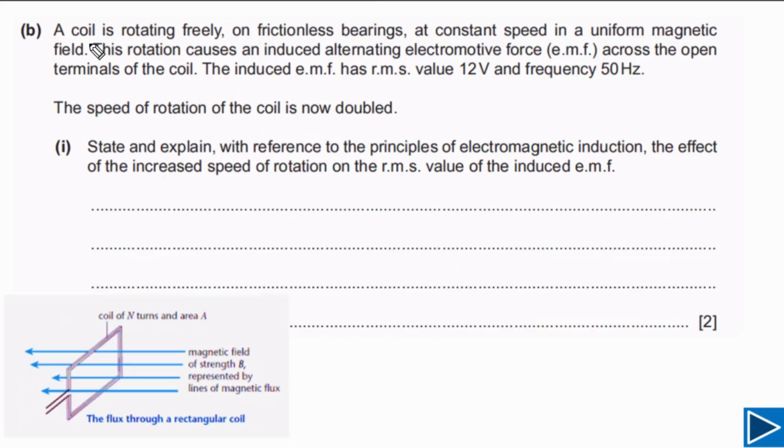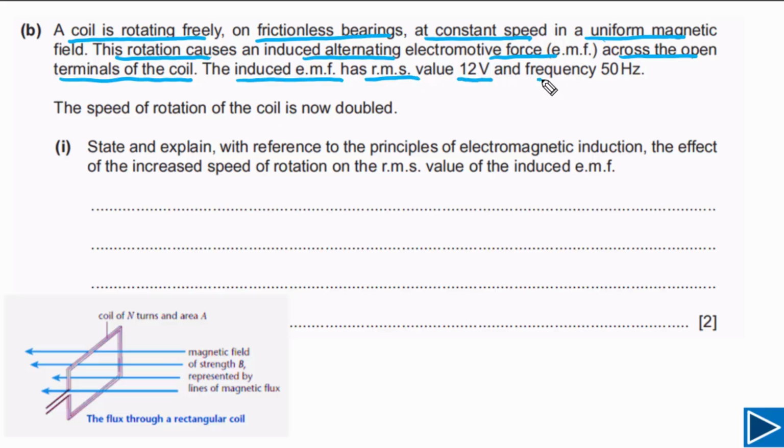For part B, it is given that a coil is rotating freely on frictionless bearings at constant speed in a uniform magnetic field. This rotation causes an induced alternating EMF across the open terminals of the coil. So this coil is not a complete loop, so only EMF is induced, but there is no current. The induced EMF has an RMS value of 12 volts and the frequency of rotation is 50 Hz.